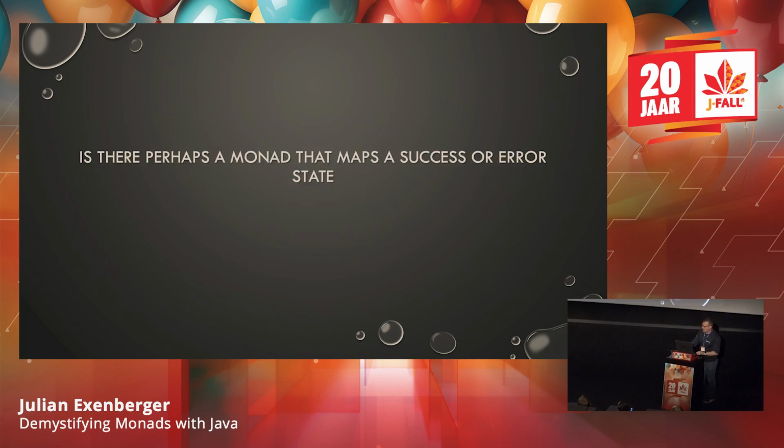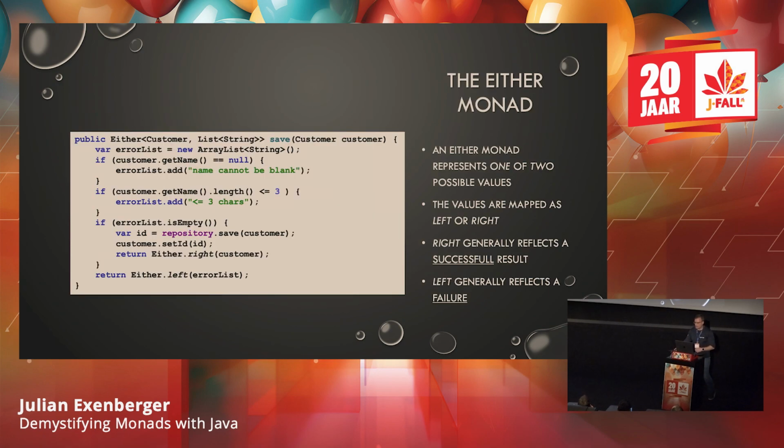Okay. However, is there a monad that you can use which maps this state? So you've got this scenario where you're calling a method, and either you have success or you have failure. You could use the either monad.